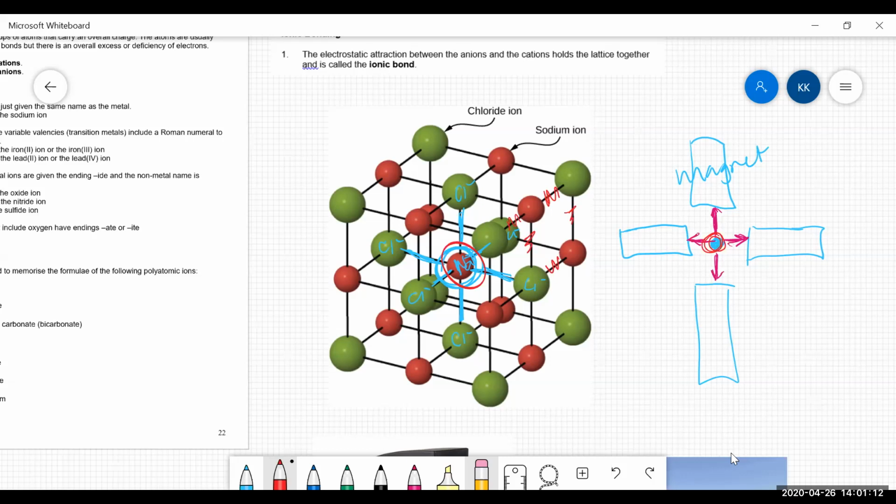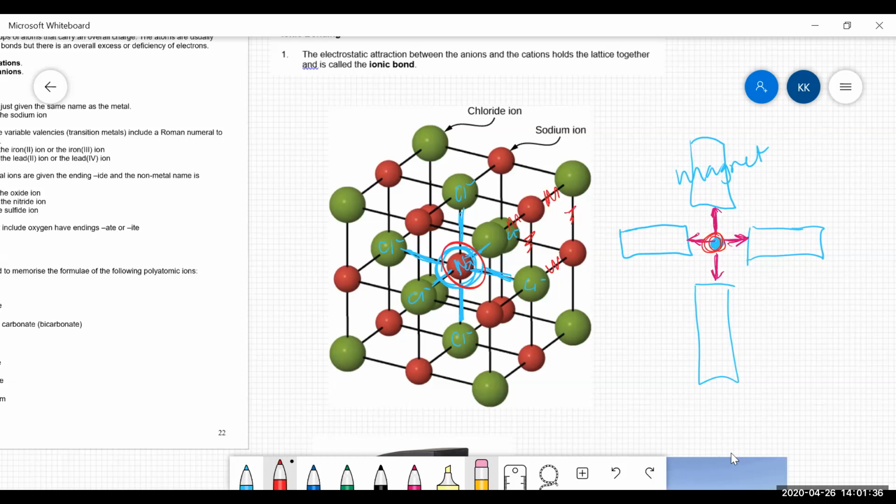So what's holding those ions there is just those forces of attraction for all of the ions around it. And that makes the ion stay exactly in place. The ion will still vibrate. The atoms still vibrate in a solid lattice, but it can't actually move towards any of the chloride ions because there's always one on the other side pulling it back.